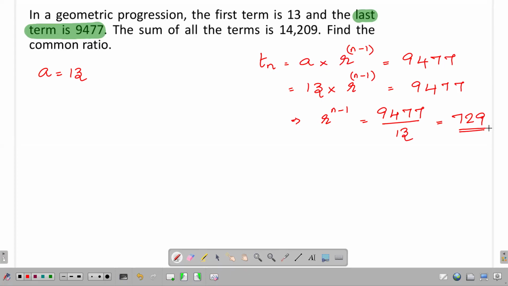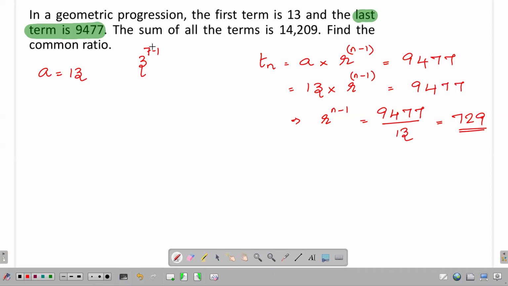The moment I see 729 and r power n minus 1, I can consider 3 power 7 minus 1. That is 3 power 6. What is 3 power 6? 3 3s are 9, 9 3s are 27, 27 3s are 81, 81 3s are 243, 243 3s are 729.